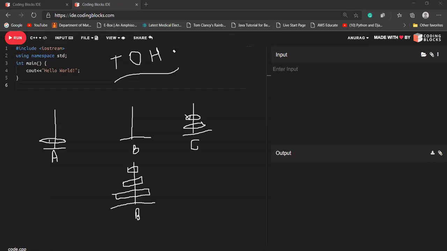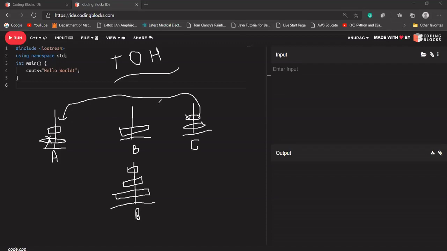Now the bigger disc I can remove from here and place at B. Because I have deleted it from here, A is empty now, so I can push that smaller disc on top of A.